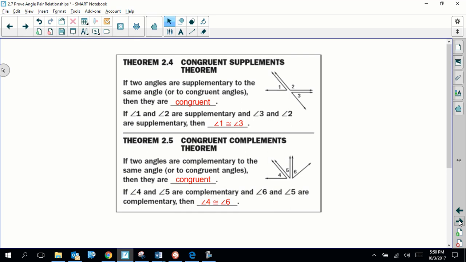But essentially, if two angles are supplementary to the same angle, then those two angles have to be congruent to each other. Same thing with complementary angles. If I have two angles that are complementary to a third angle, then the original two angles have to be congruent to each other. And that's what we're seeing with our angle statements here.